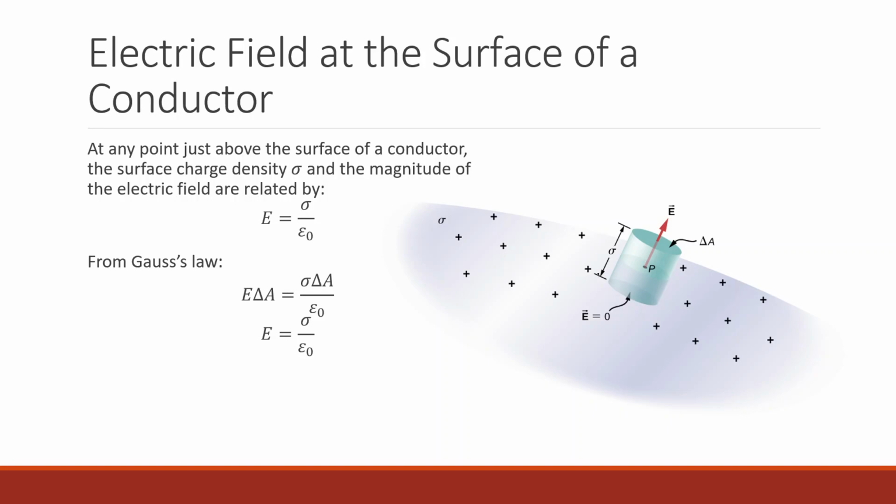We have some sigma, our charge distribution, and we also need to note that our electric field inside the conductor is 0. So again, on a conductor, our electric field inside is 0. Our electric field on the outside, at the surface, is sigma over epsilon naught, our surface charge density divided by the permittivity of free space.